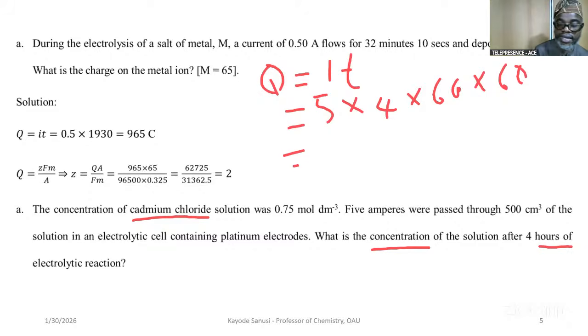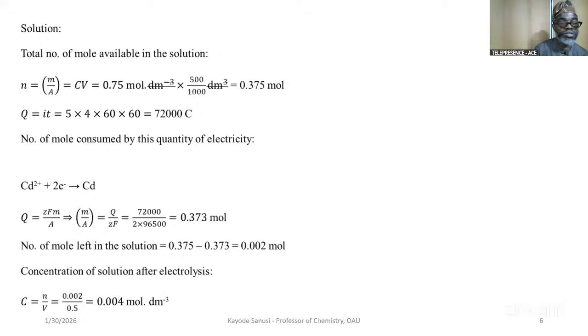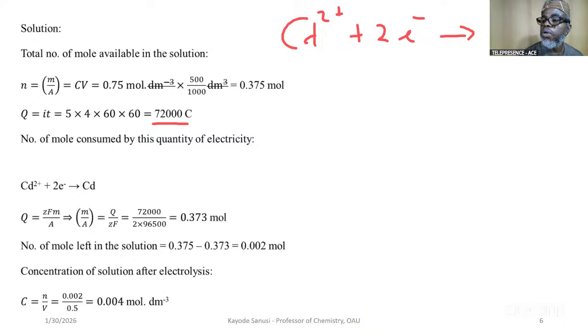So the quantity of electricity required is 72,000 coulomb.